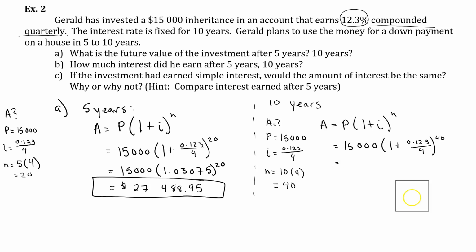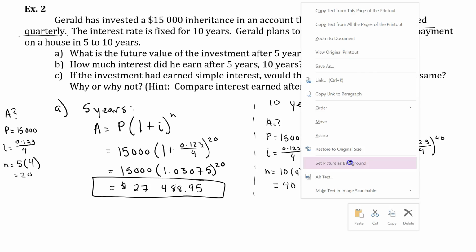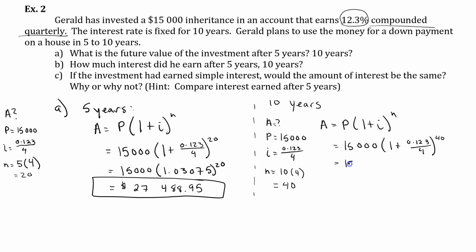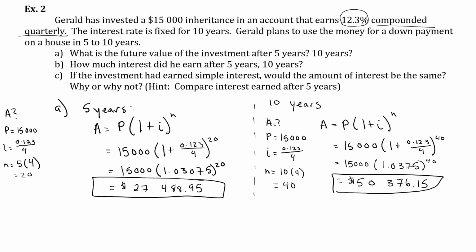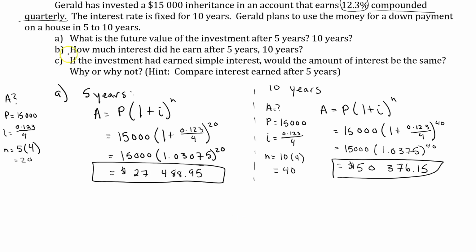Just going to simplify what's in the brackets. $1.0375 to the power of 40, though this time, for a full amount of $50,376.15. Woo! So if we keep it in for twice as long, we're going to get way more money out of it.